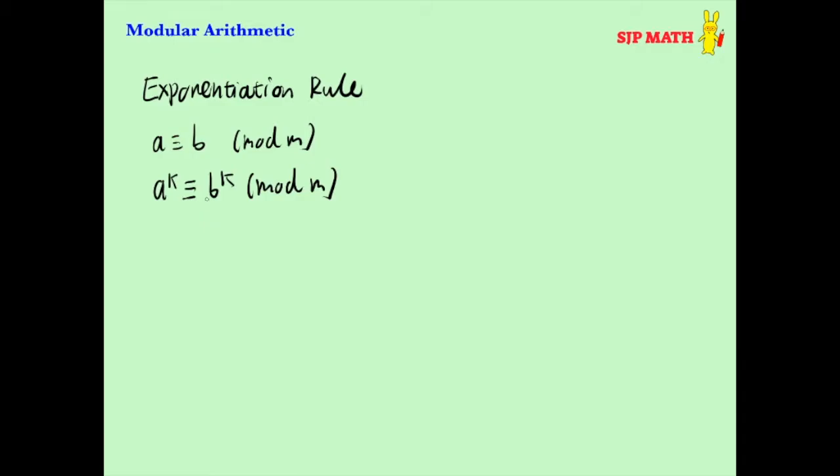But why does this work? So firstly, from this equation, we know that a minus b is a multiple of m. And now we're going to review our factorization skills. So how do you factorize a squared minus b squared? Well, it's a minus b times a plus b. I hope you all know this.